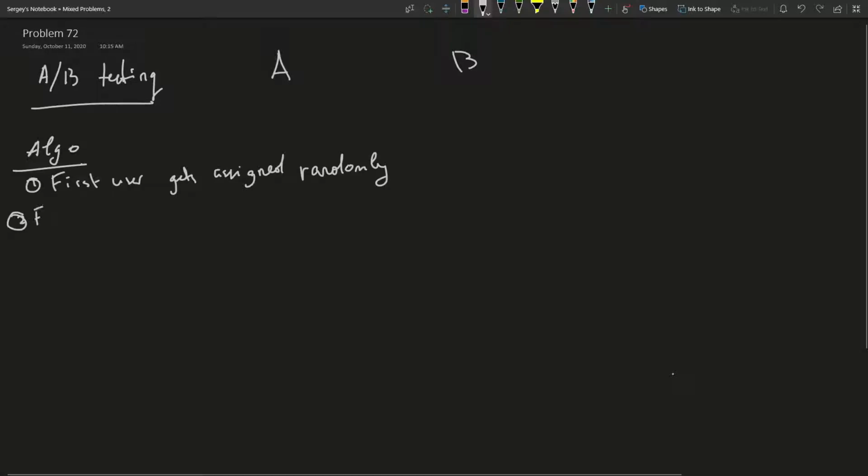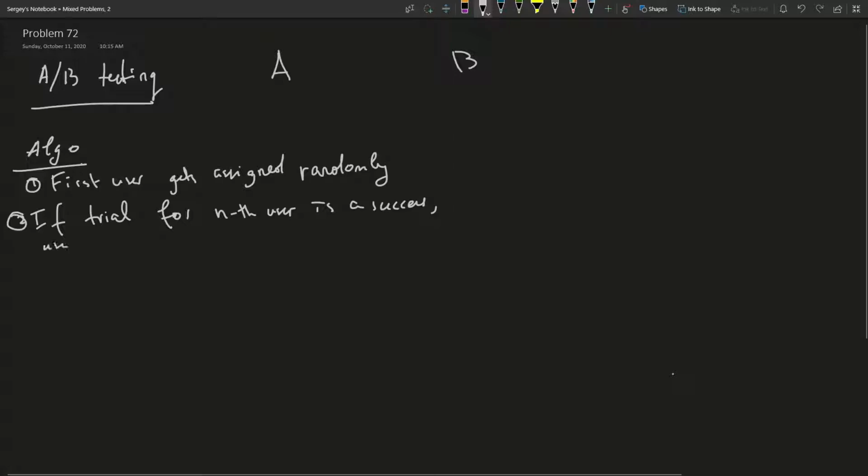Then for the nth user, if the trial for the nth user is a success, keep the same treatment for the n+1th user.